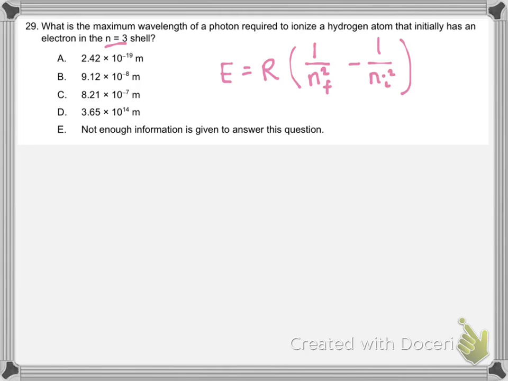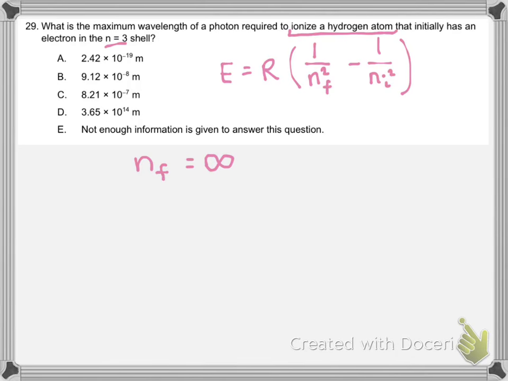And so what you have to realize is that when we ionize something, it means we're removing the electron. And so we can say that our final value for n is going to be like infinity.